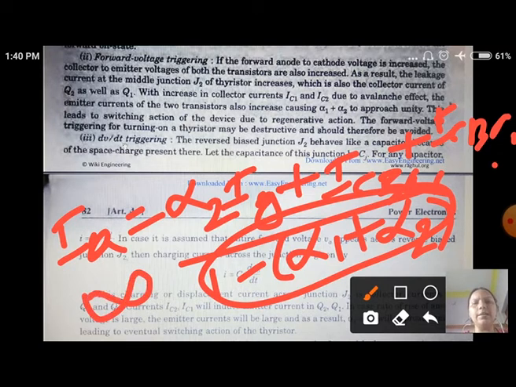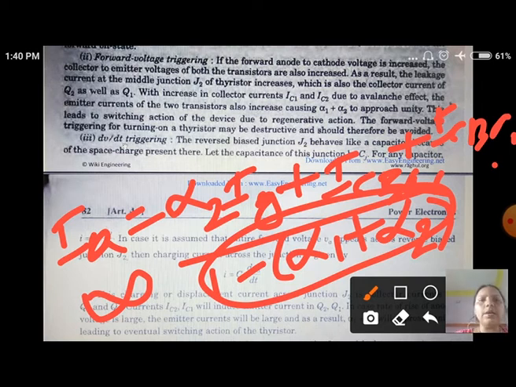That means IA slightly increases. If IA increases, the current through anode and cathode increases, so the leakage current level slightly increases, and the same process continues. Again, increased leakage current means increased collector current of the two transistors. This leads to an increase in emitter current, and alpha 1 and alpha 2 of both transistors increase. That means alpha 1 plus alpha 2 approaches unity, and again the anode current slightly increases.